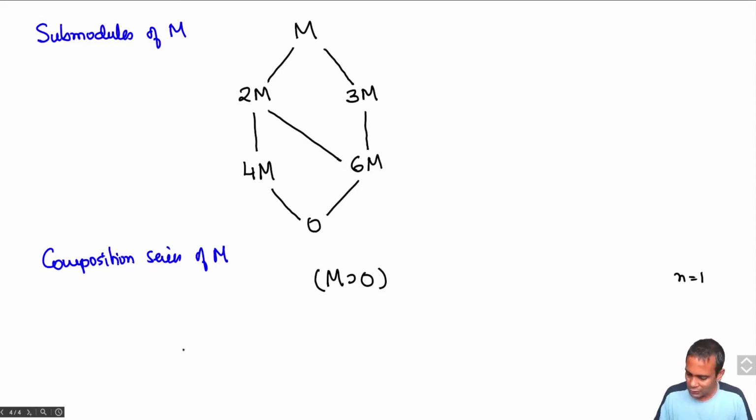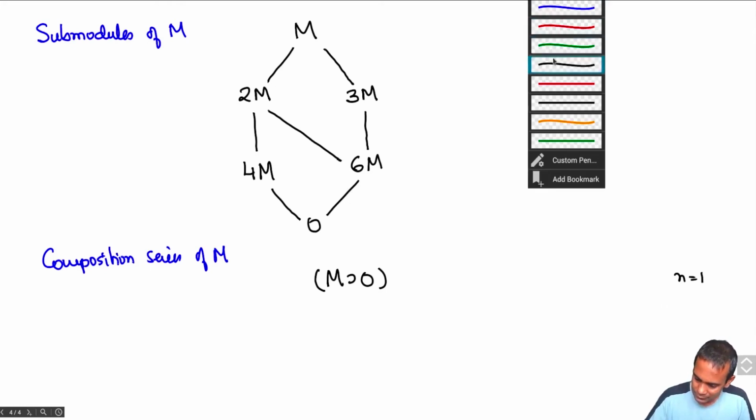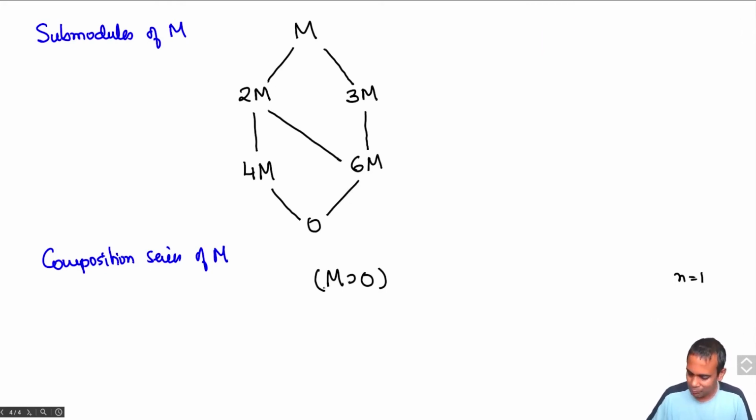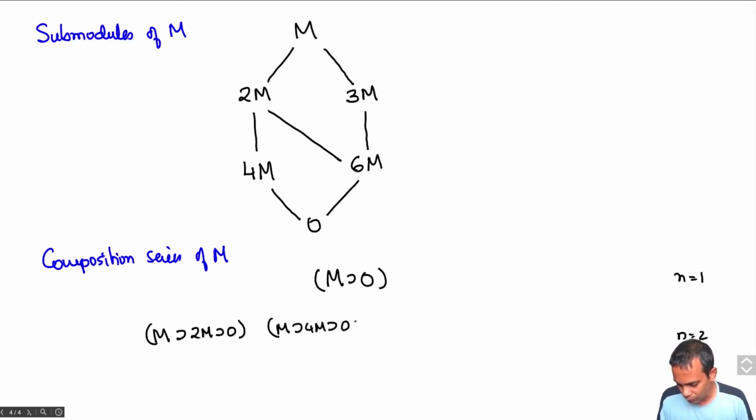And now we have 3-term composition series, n equals 2. So this will contain one for each non-trivial submodule of M. You can take M contains 2M contains 0. You can take M contains 4M contains 0.